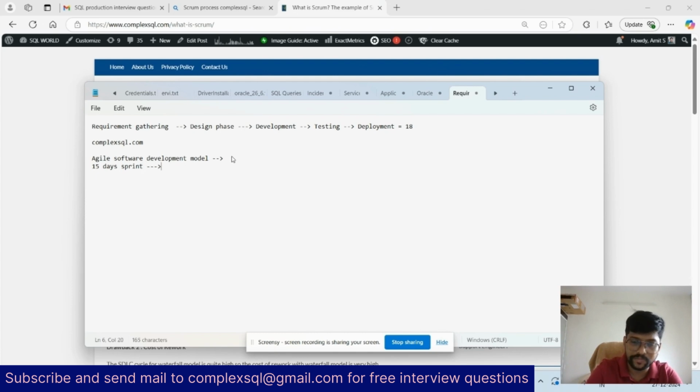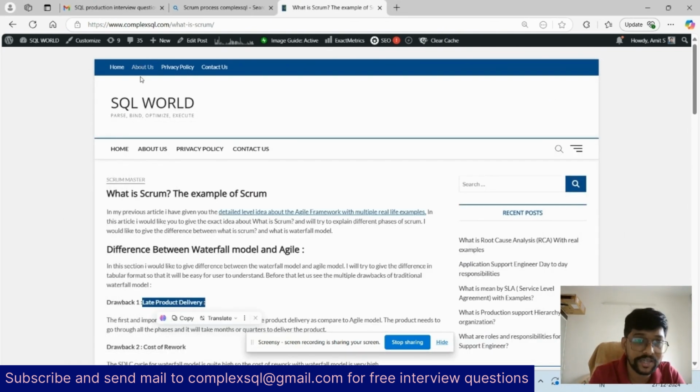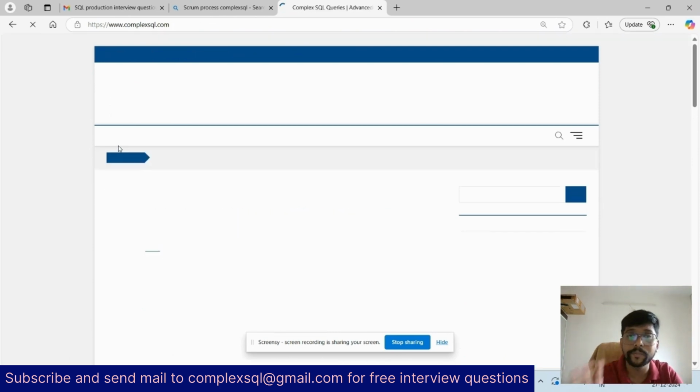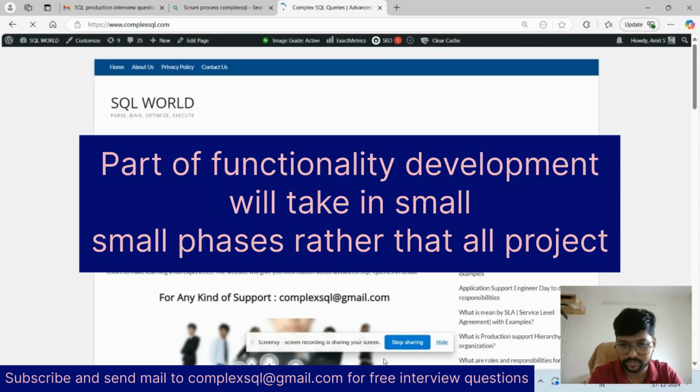or 15 days time span, where you can do everything from requirement gathering to the delivery or deployment phase in one go. So it is not for all of complexsql.com. Let's say at the first stage, you just took the home page for complexsql.com.